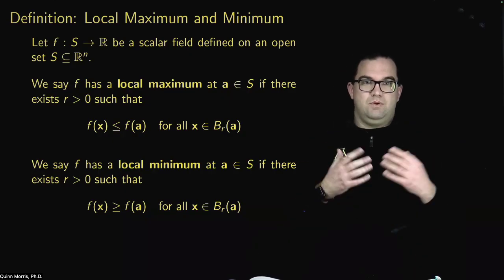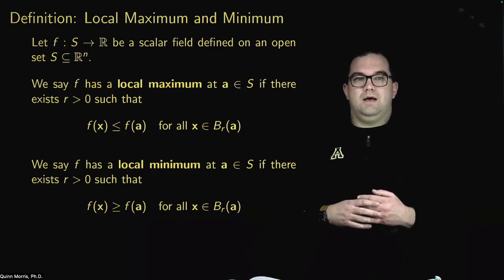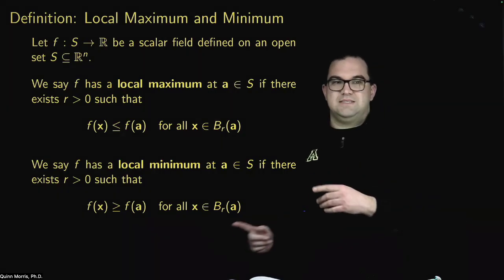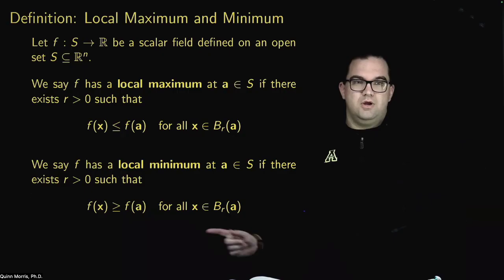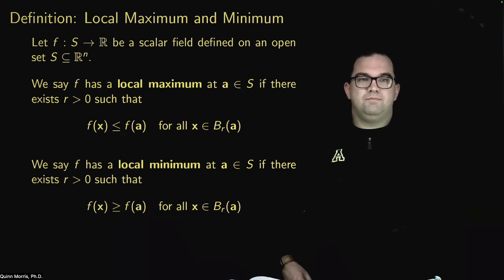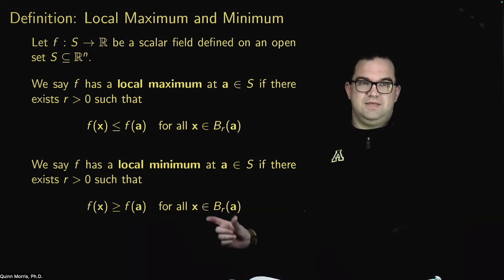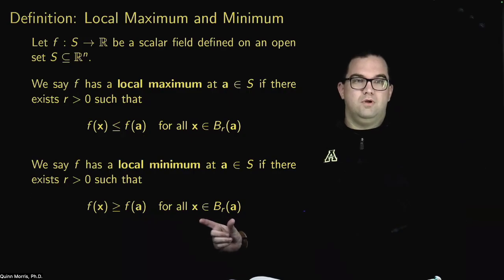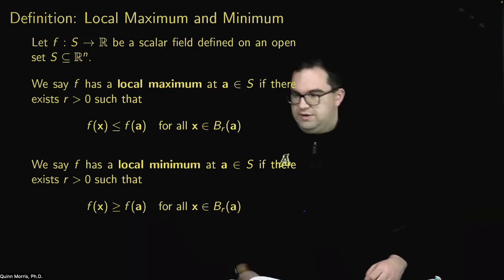That's okay. We want to allow that to happen, but we define these in exactly the same way. The only thing we have to change is what our open neighborhoods look like in R^n. This just replaces an interval around a, so we now have a ball of radius r.